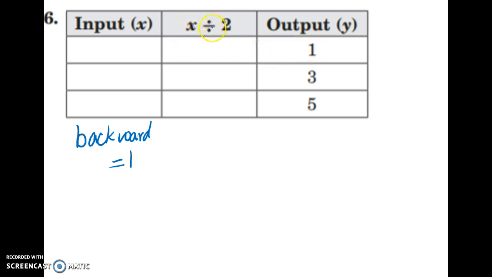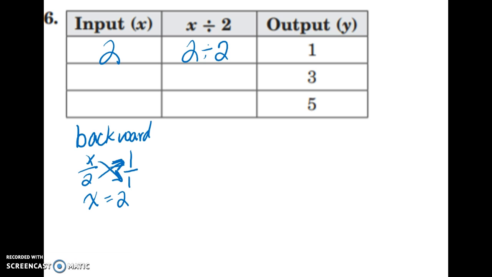Whatever x is divided by 2. X divided by 2. Remember, every whole number has a denominator of 1, and now I simply cross multiply. 1x, or x, equals 2. And I have 2 divided by 2, and that does equal 1.